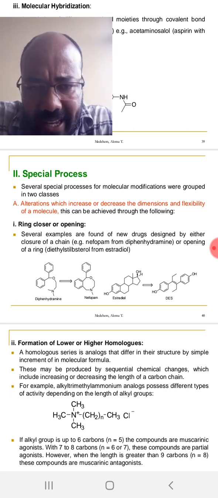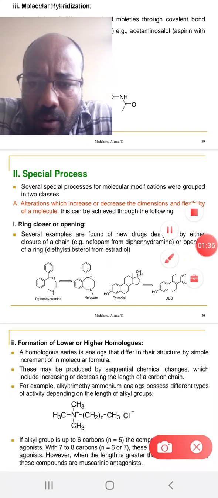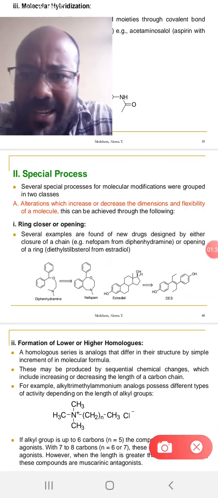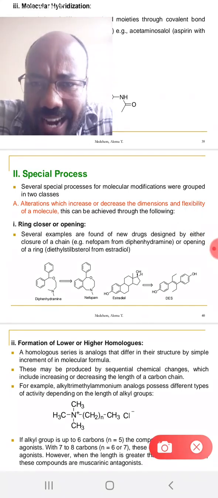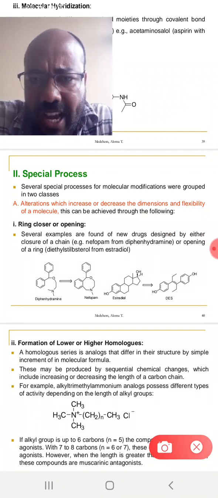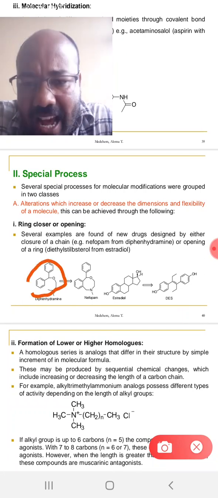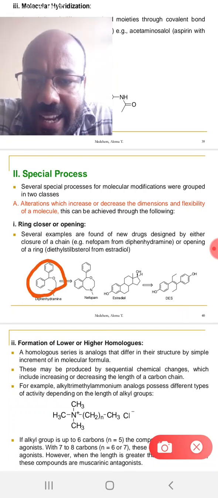We have examples here. For example, here we have diphenhydramine. This is the drug that is recommended for treatment of motion sickness, nausea, and vomiting. This compound has this structure of diphenhydramine.